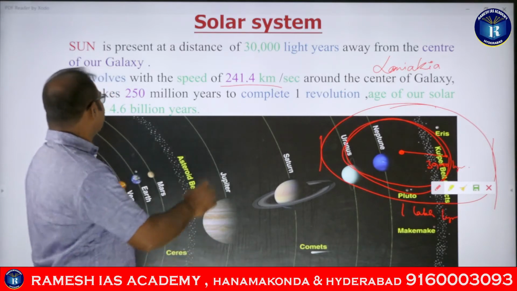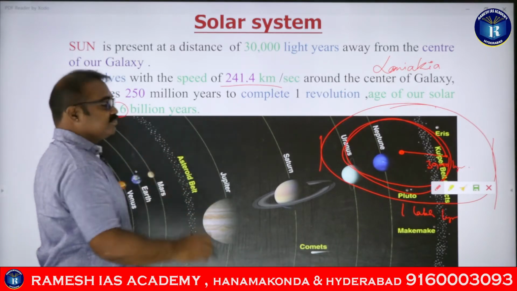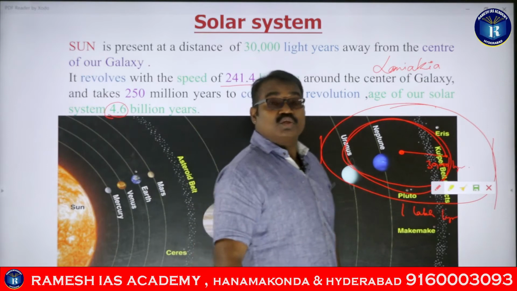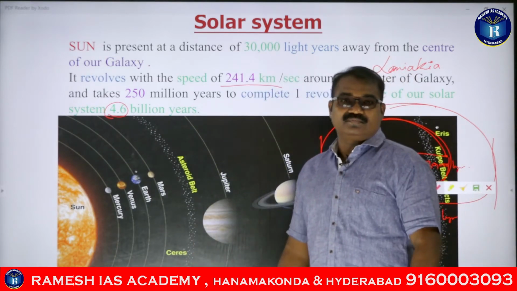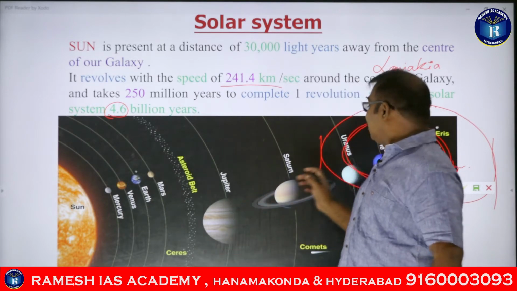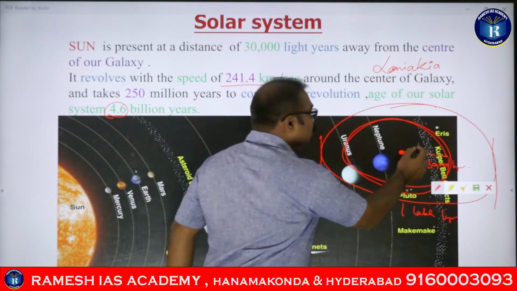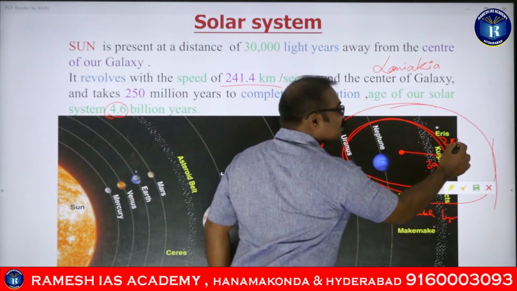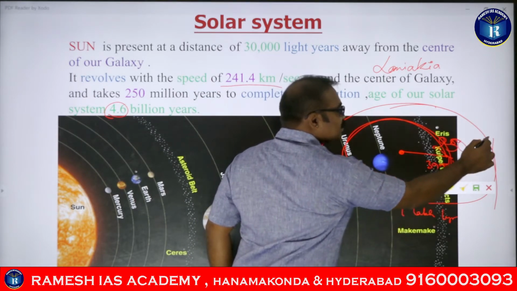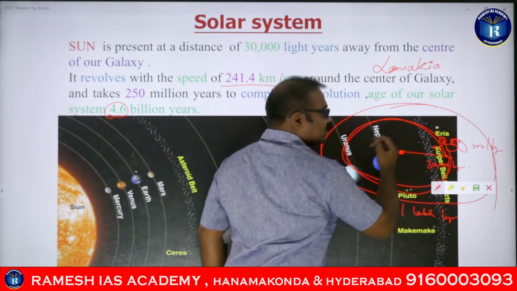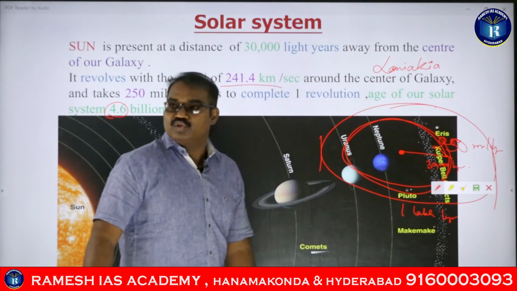The age of our solar system is 4.6 billion years, and the sun takes 250 million years to complete one revolution.